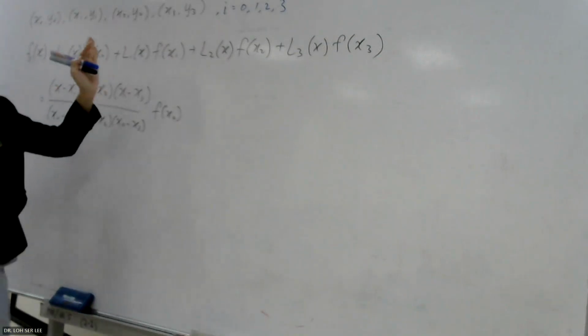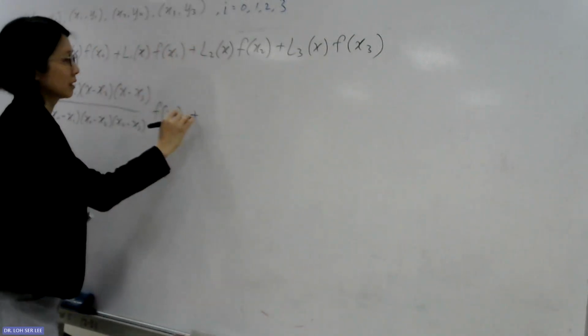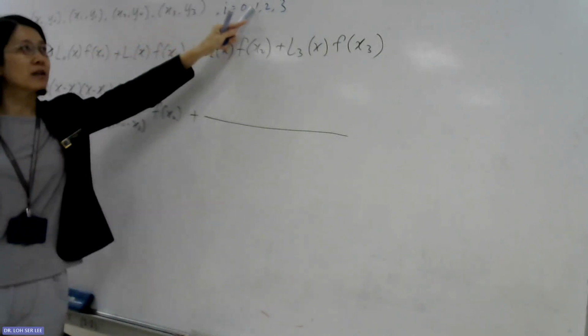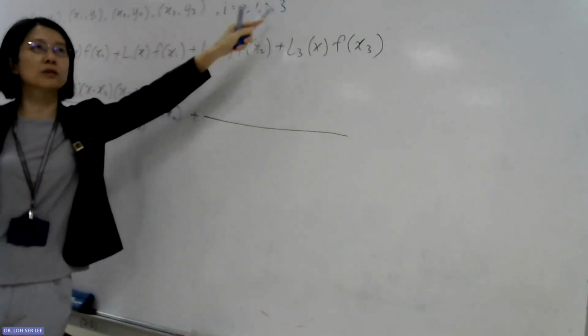So the same goes for L1, L2, L3. For L1, i is 1, that means your j will be 0, 2, 3.